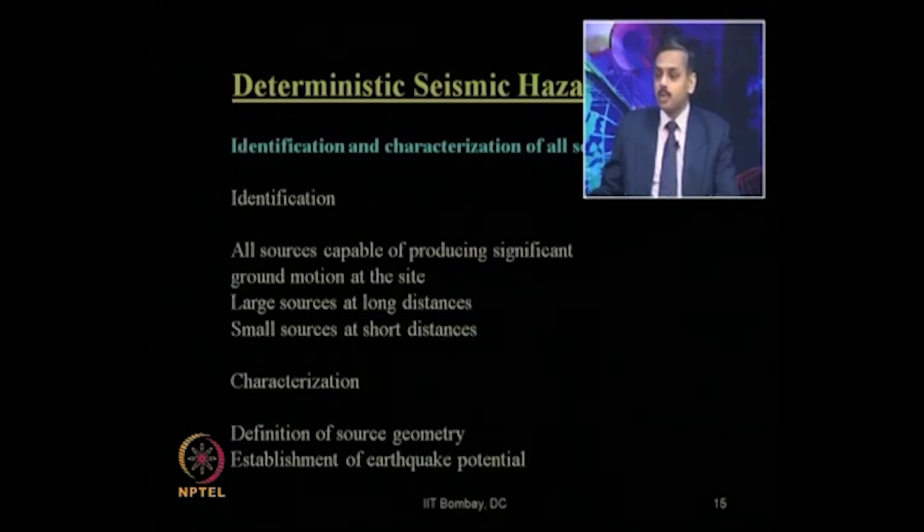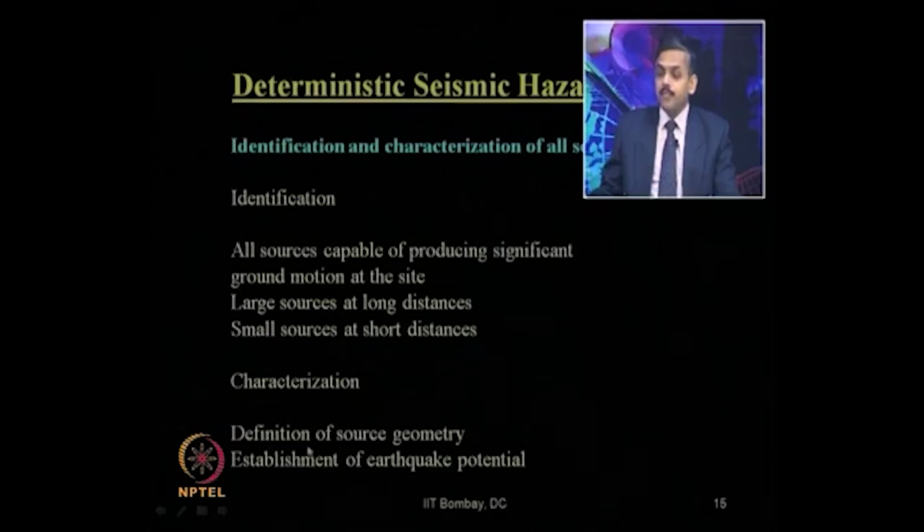That is what it shows, that all sources are assumed to produce the significant ground motion at the site. That means all sources have to be taken care of with equal weightage. Large sources at long distances, small sources at short distances, all these should be considered. Now, how that is fixed, I will come to that very soon.